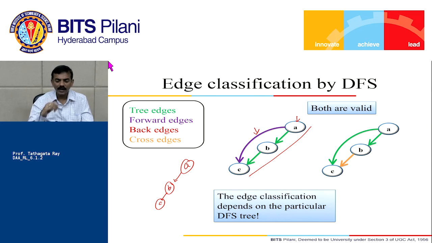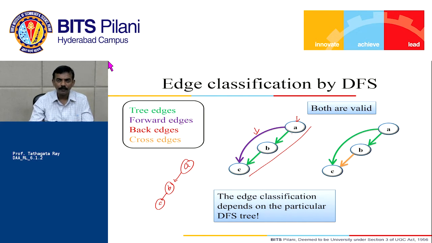Now, you could have traversed the same graph in a depth first search manner in a different way. For example, you said, okay, let's go to A. Since from A I have an edge to C, C is also an unvisited neighbor, and B is also an unvisited neighbor in the very beginning.